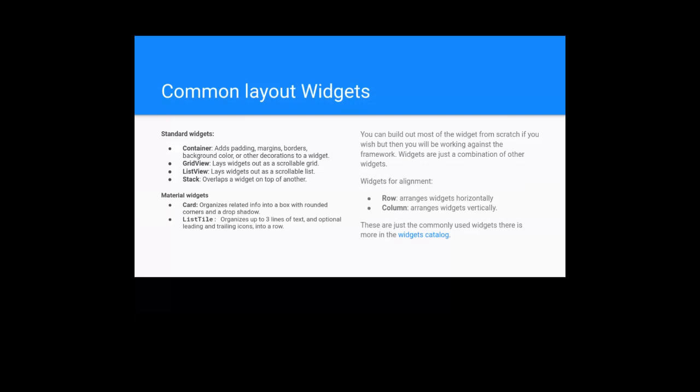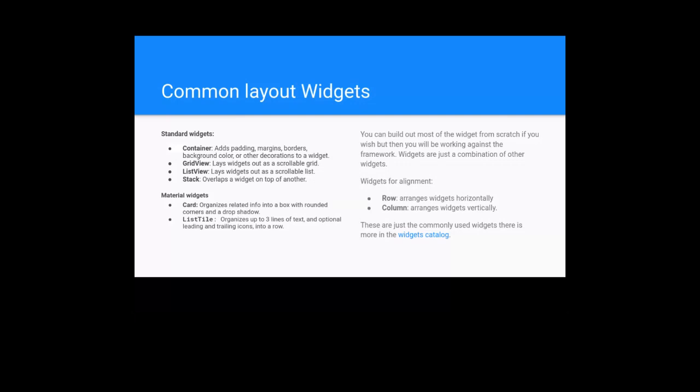For things like alignment, they have containers, grid views, rows and columns. A row arranges your children widgets horizontally, and for a column, you find them in a vertical direction.